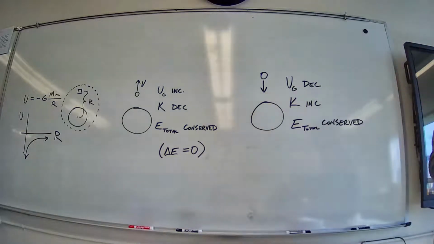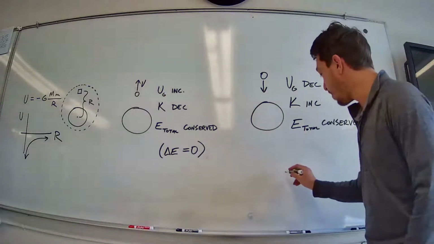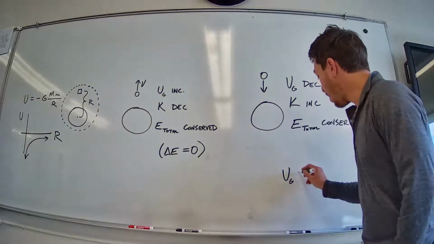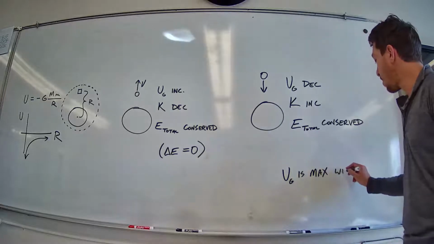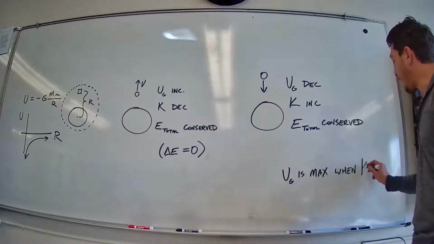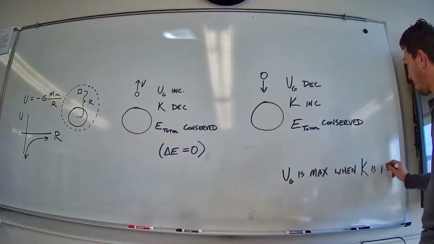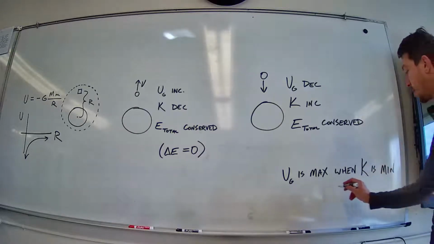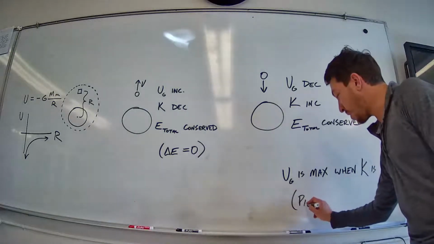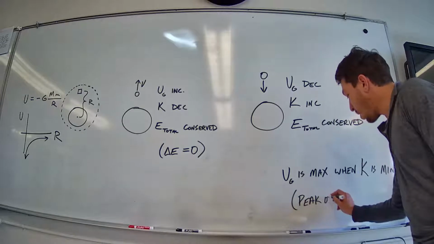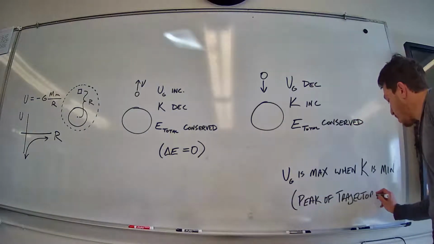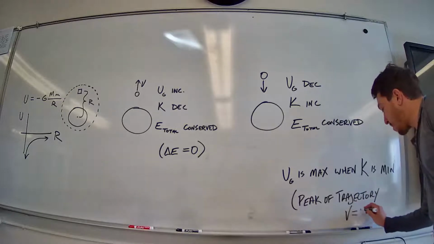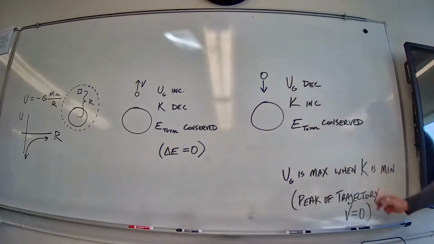Now a nicer answer maybe is this is at a max when the kinetic energy is at a min, which would correspond to the peak of the trajectory, which also corresponds to the velocity equal to zero. That kind of tells you the whole picture, right? That kind of puts it all together, right?